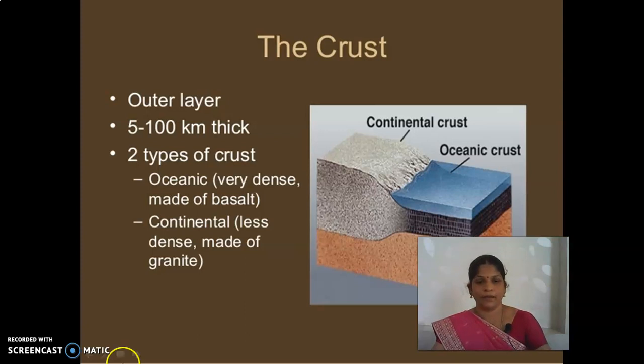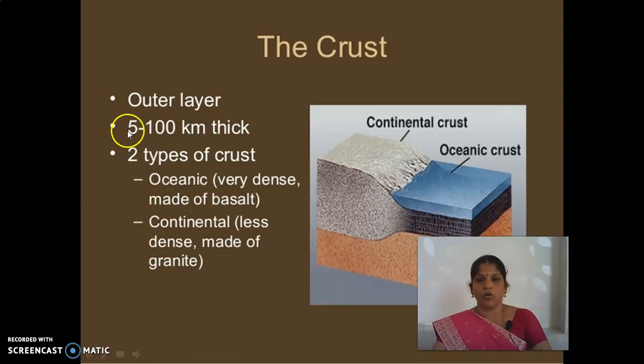Here I am giving, this is oceanic. Listen, children, this is continental crust, the land part. Here, the blue color is oceanic, that is ocean. From the land to the ocean, the bottom of the ocean is called oceanic crust.